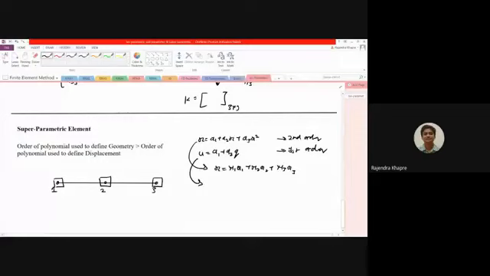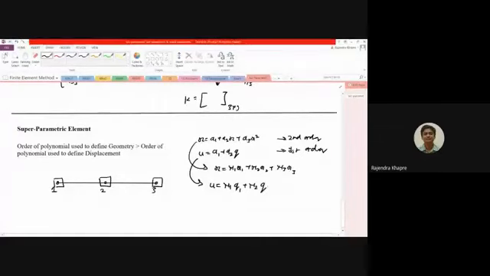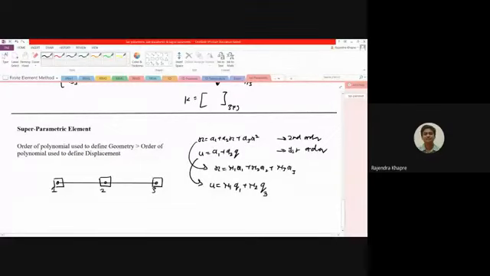As a result, u will be something like n1 q1 plus n2 q2. Okay, I am not writing q2, I am writing q3, because if you ignore the second node for defining the displacement, the third node over here will become your second node.